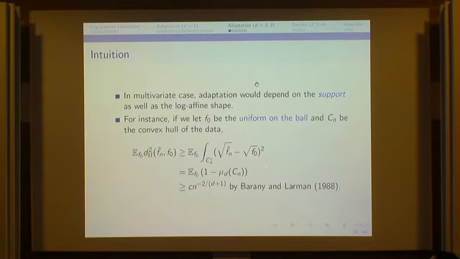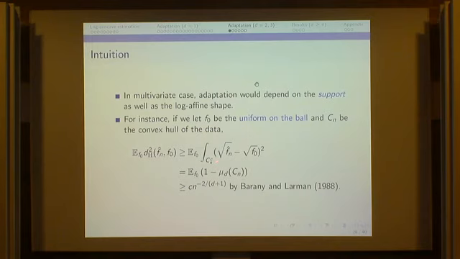And then what we know is that the log-concave MLE is 0 outside of the convex hull of the data. Meaning that the first term on C_n complement is just 0, right? So this is the expected value of the integral of f0 on C_n complement.